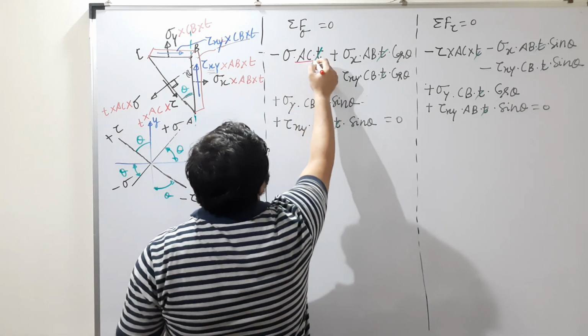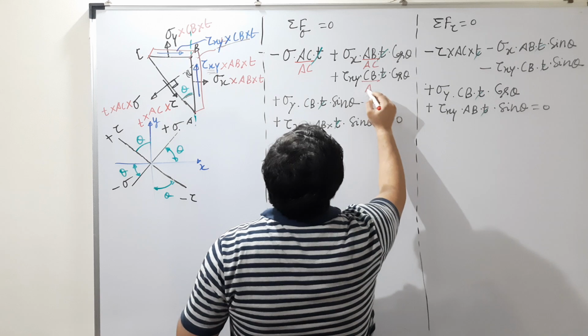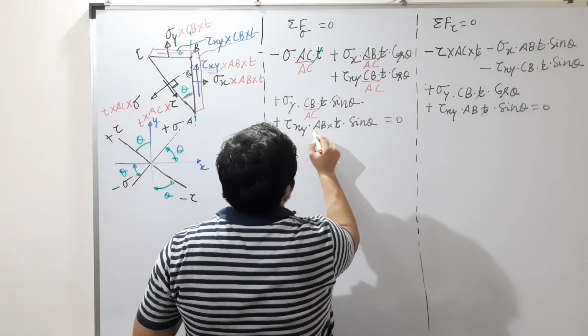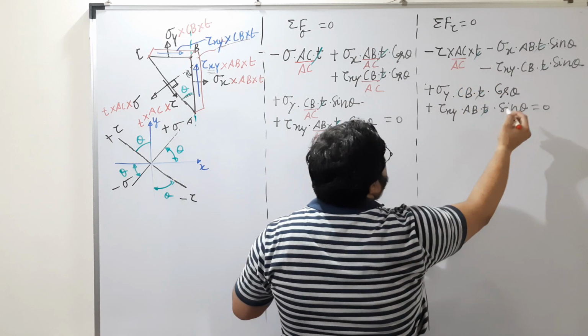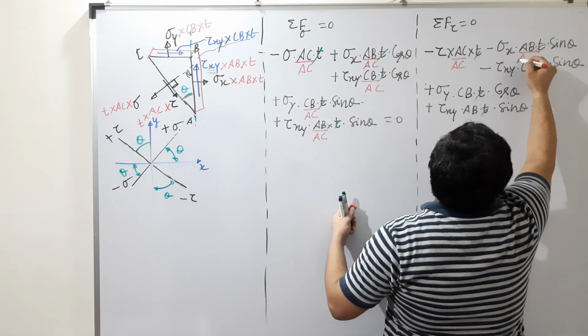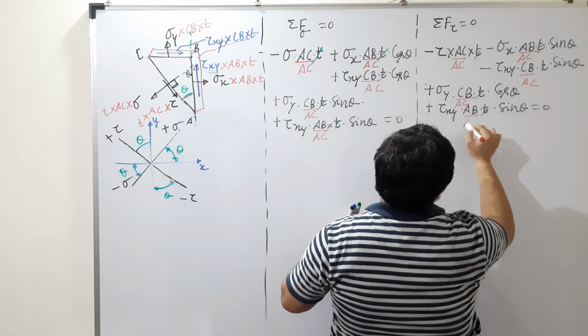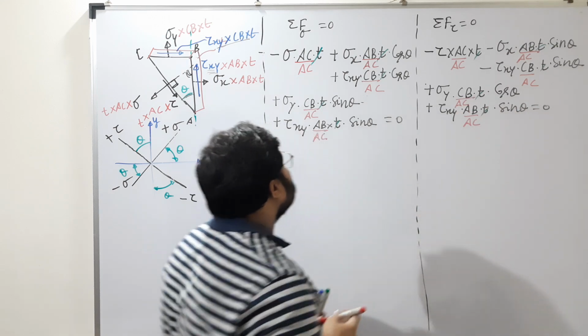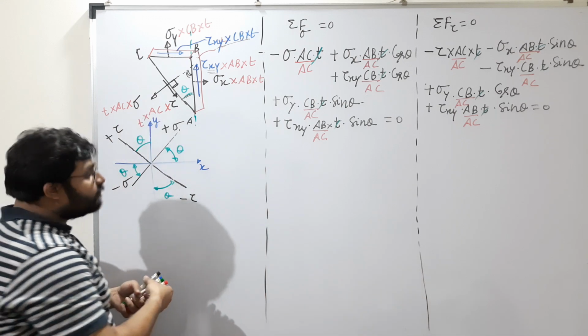So we'll get this as AC, this as AC, this as AC, this also AC. Here also we'll divide by AC, this divide by AC, this also divide by AC, and this also divide by AC. So what is the use of dividing by AC?